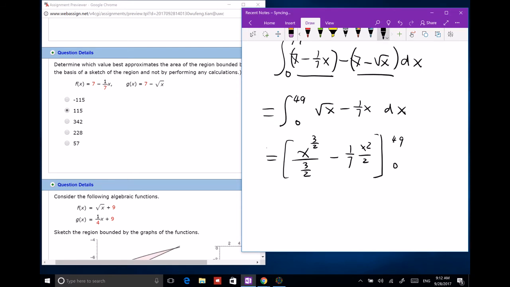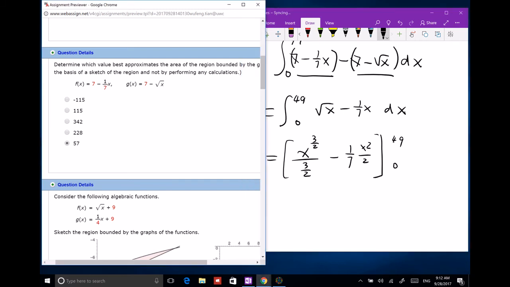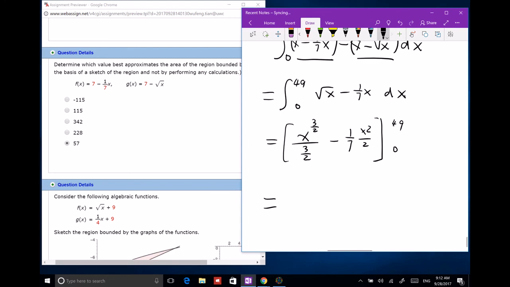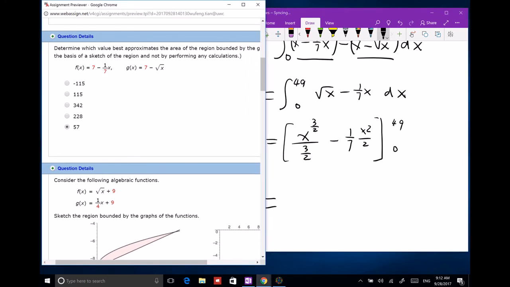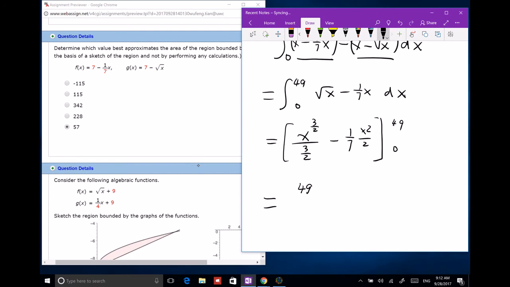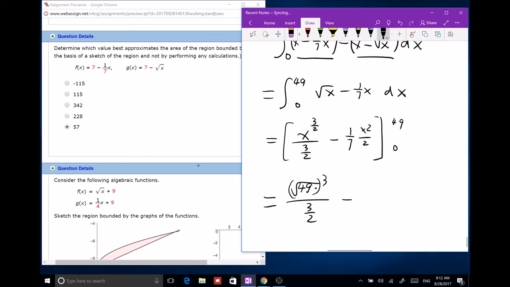Then you plug it in and find the value. It's either this one or this one. I'm not sure which one yet. Might be this one, because you plug 49 into here, so it's going to be square root of 49 to the power 3 over 3 halves, minus 1 over 7 times 49 over 2.